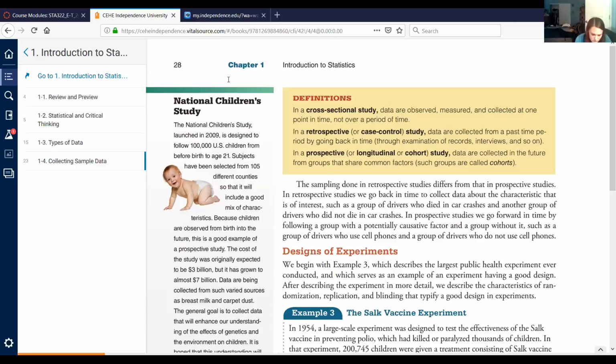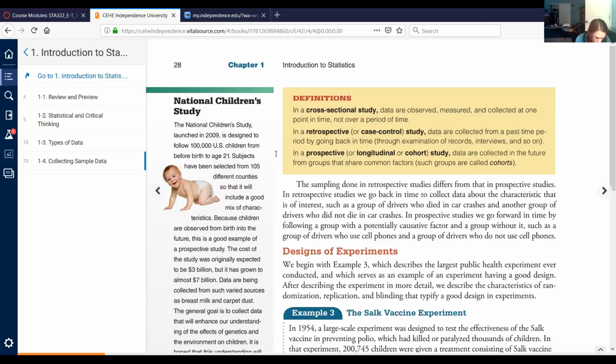So a cross-sectional study would be taking that June 1st date. What is it right now? What's the distribution? Retrospective, we go back in time through a variety of methods. We can go back and examine records and interviews and other things.